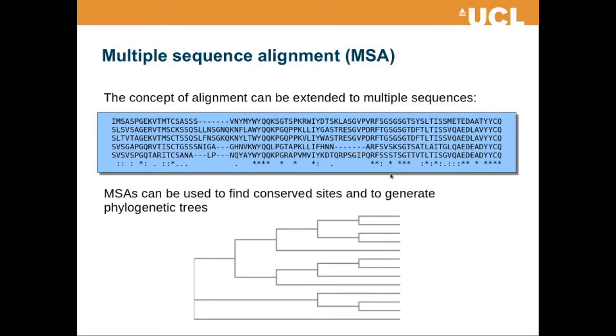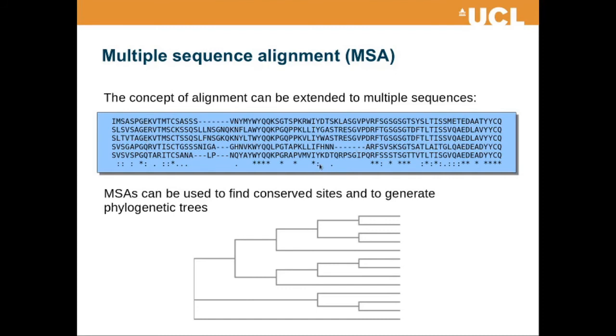As I also mentioned briefly earlier, this concept of sequence alignment can be extended to multiple sequences to produce what's known as a multiple sequence alignment, or an MSA. Now that allows us to find conserved sites. So for example, all these positions indicated with a star are completely conserved across all of the sequences that we're looking at here.